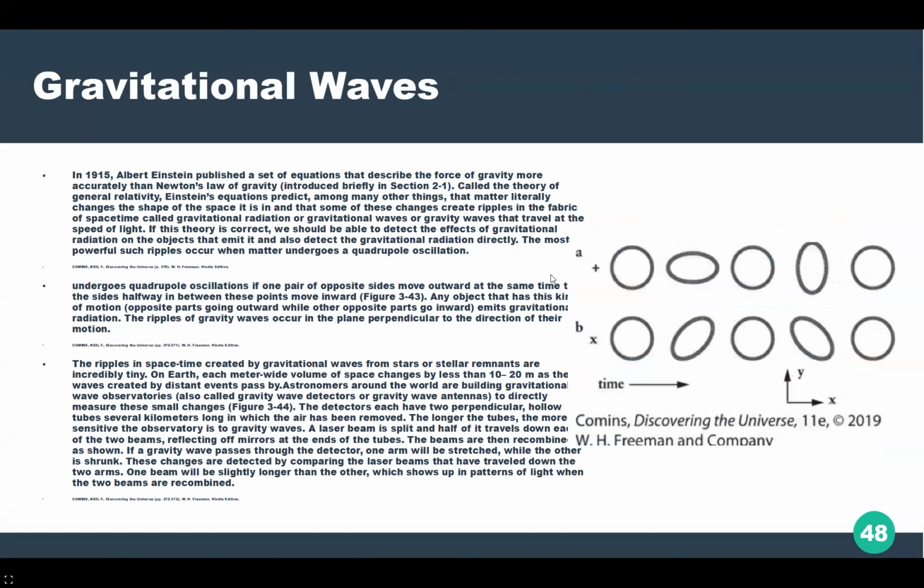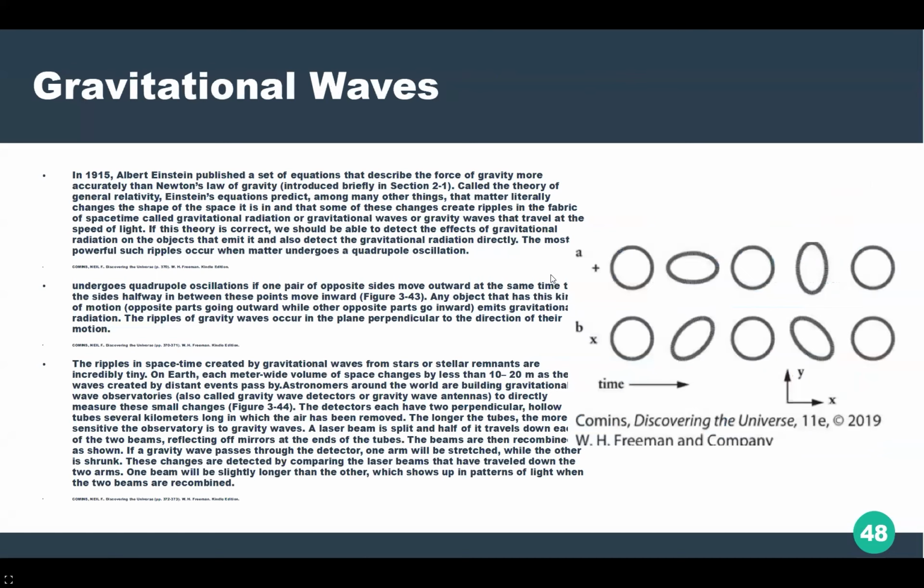Astronomers around the world are building gravitational wave observatories to directly measure these small changes. The detectors each have two perpendicular hollow tubes several kilometers long in which the air has been removed. The longer the tubes, the more sensitive the observation is to gravity waves.